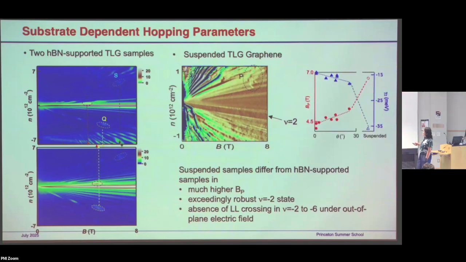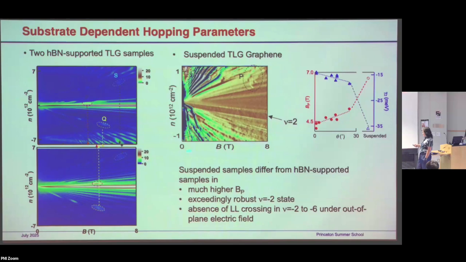If you do suspended samples, you can see something quite different. This point moves much farther away because there is no interaction. Looking at the Landau bands, suspended samples have, for example, an exceedingly robust -2 state.